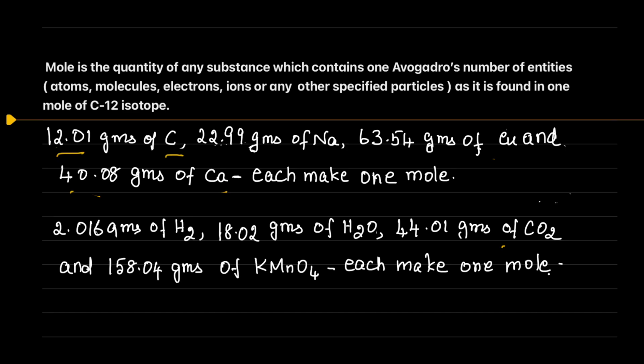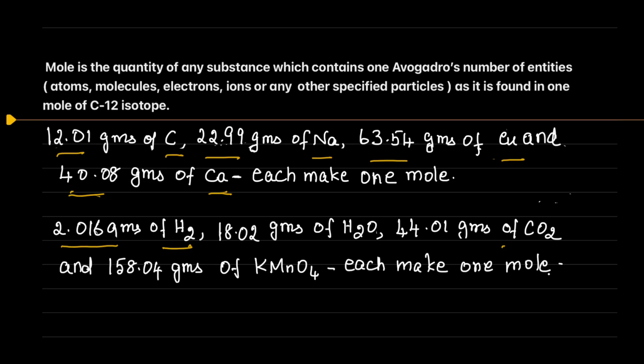So 12.01 grams of carbon, 22.99 grams of sodium, 63.54 grams of copper and 40.08 grams of calcium each makes 1 mole of it. Hydrogen is having an atomic mass of 1.008 U and is diatomic. Therefore, 2.016 grams of hydrogen makes 1 mole.